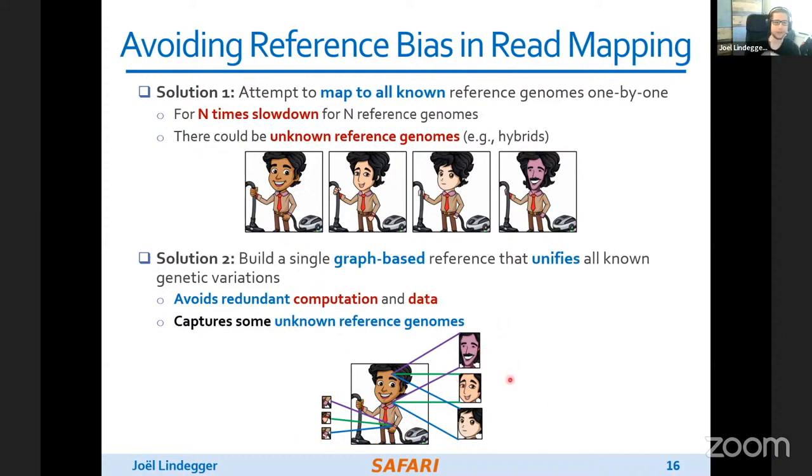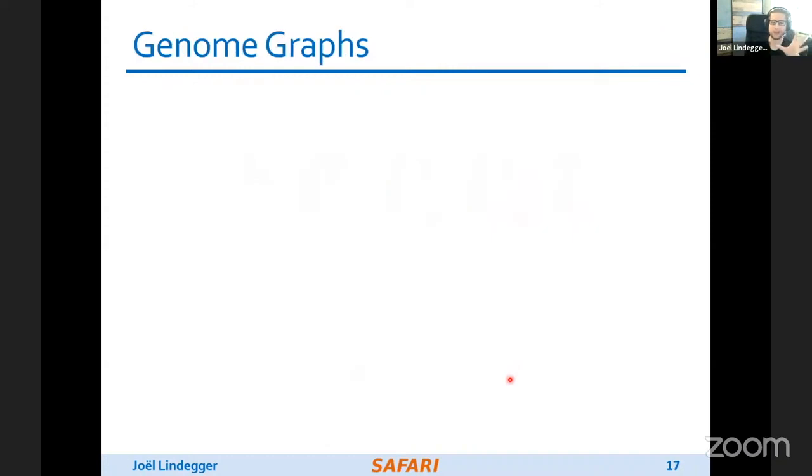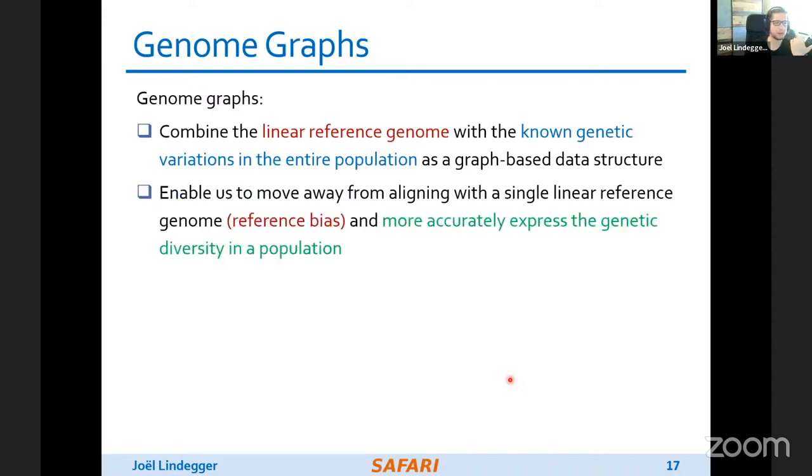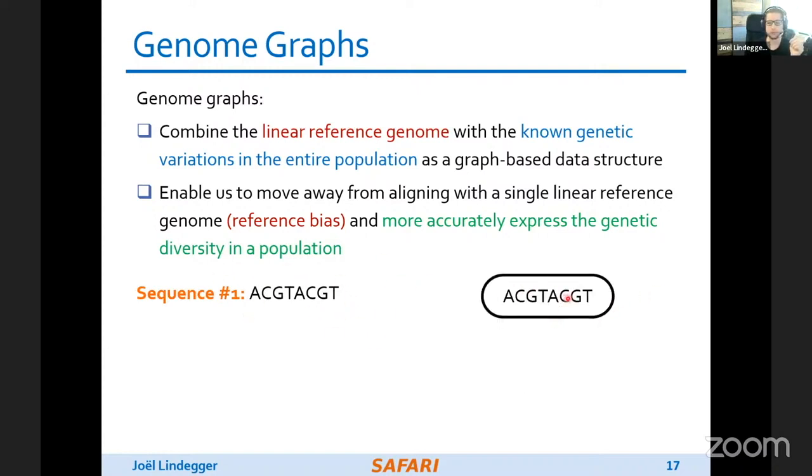Okay, so that was the visual introduction to this. Now let me go back to the string sequence based representation. We want to combine a non-linear reference genome with all genetic variations to get rid of reference bias. So suppose we have this original reference genome as a graph. It would look something like this, just a single node that contains all of the text.